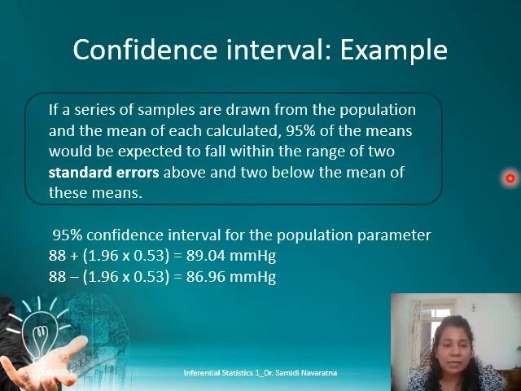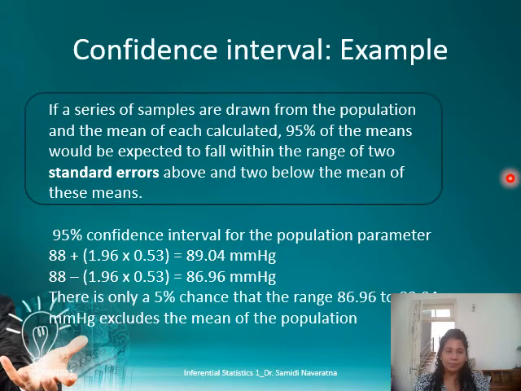So then the lower limit is 86.96 millimeters of mercury and the upper limit is 89.04 millimeters of mercury. So what does this mean?